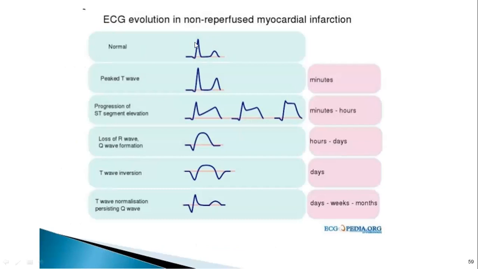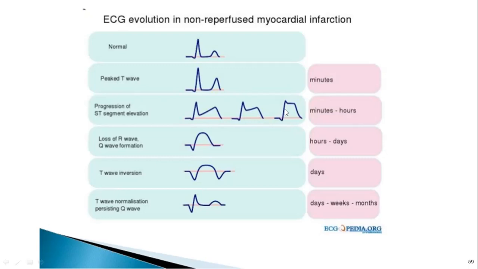P-wave, QRS complex, T-wave. But in ST segment elevation, the ST segment is supposed to be horizontal in the first normal picture. But here showing the ST segment elevated. ST segment hugely elevated.